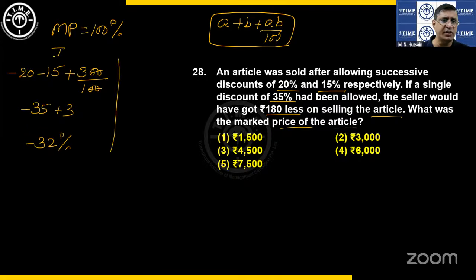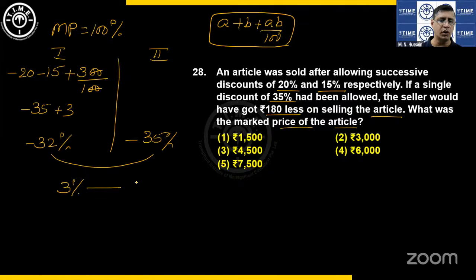Other side is offering a single discount of 35%. What is the difference? 3% discount, which is equal to how much? 180 rupees. 3% of the value is equal to 180. Find out 100% value.